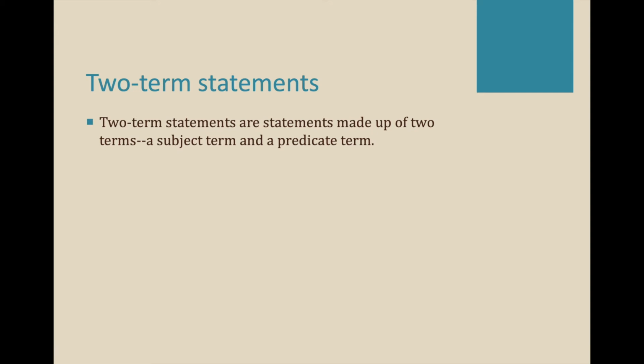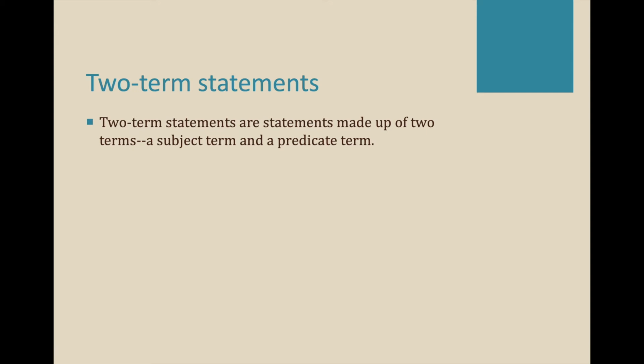So if we understand what the term means, we also understand what that class or category is that's represented by the term. And when that term is used in a statement, it is combined with another term representing another class or category. And so the statement expresses something about the relationship between those two classes or categories using the subject term and the predicate term.